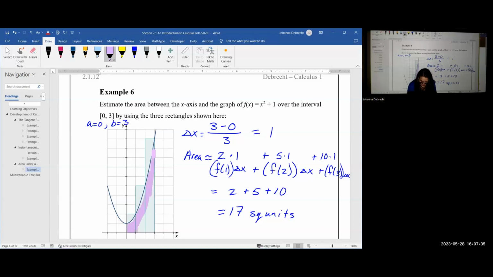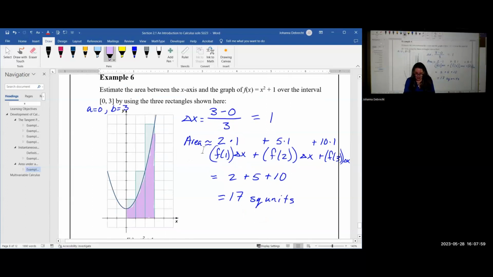This is what I'm approximating, this area here that I've now shaded in purple, with the area of the rectangles. And because the rectangles all stick up above, I've overestimated the area. So I know it's actually got to be probably below 17.